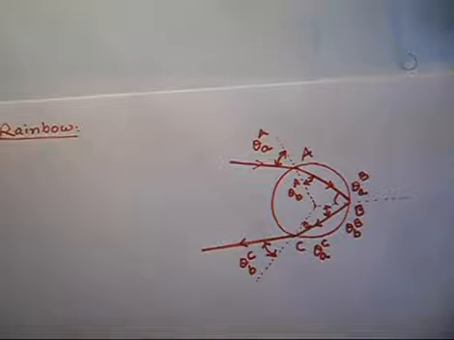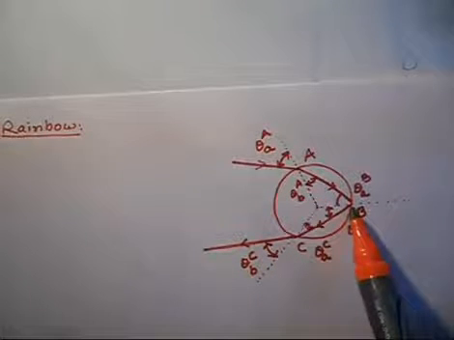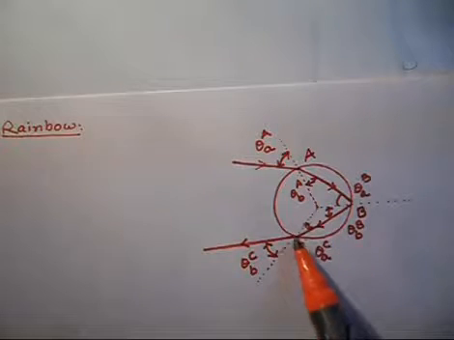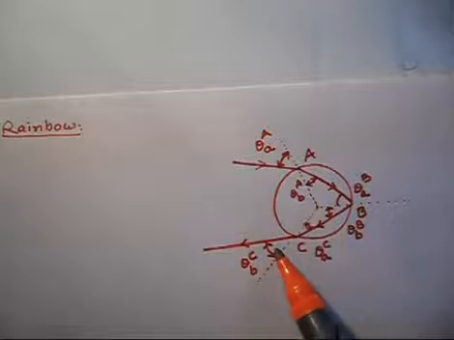A rainbow is produced by reflection of sunlight by a spherical drop of water in the air. So this is a spherical drop of water in the air. This figure shows a ray that refracts into the drop at A. So first, it refracts at A and is reflected from the back surface of the drop at B. So it first refracts here, then it is reflected here and refracts back into the air at C. So we have refraction, reflection, and then refraction.